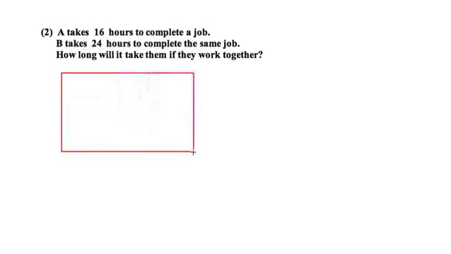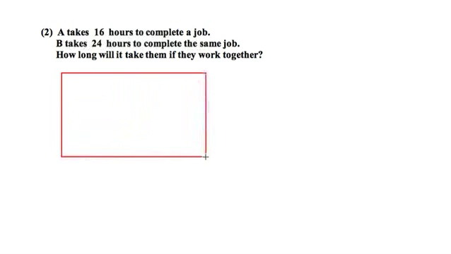For a problem like this, talking about a complete job, I like to draw a box representing the job. You could think of it as a fence being painted, and that A starts at one end.